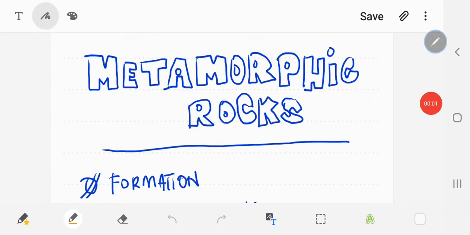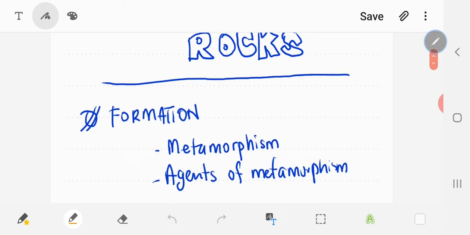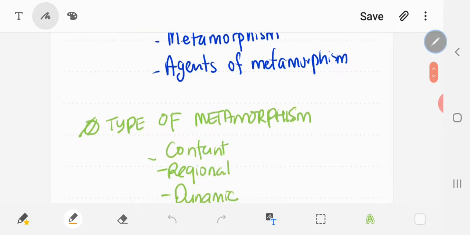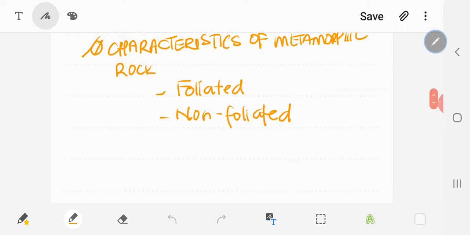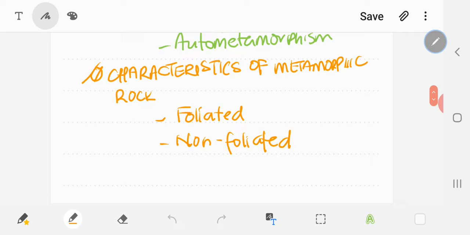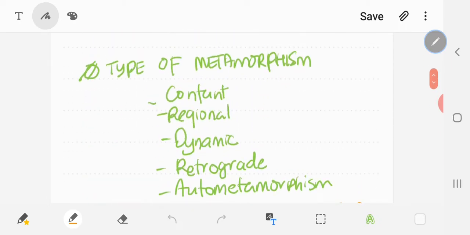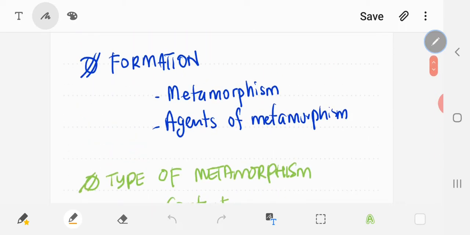The last discussion under chapter 3 is metamorphic rock, and we divide the discussion into three different areas. The first one is formation, second is types of metamorphism, and the last part will be the characteristics of metamorphic rock. So in formation, what you need to know is the metamorphism, the process, and then what are the agents of metamorphism.